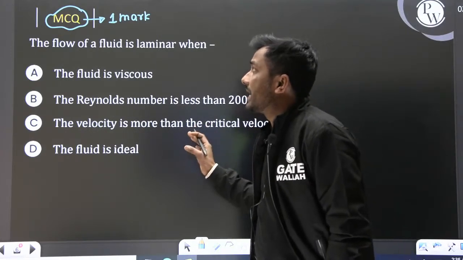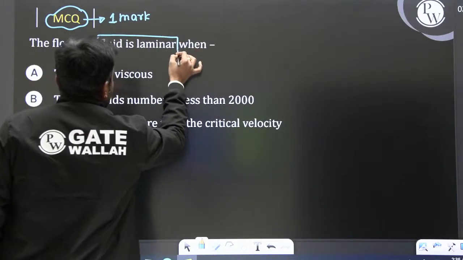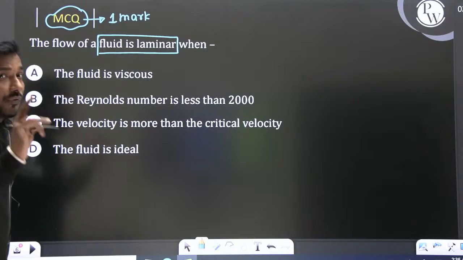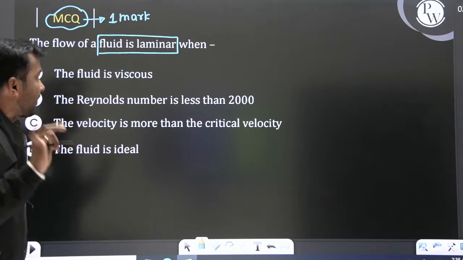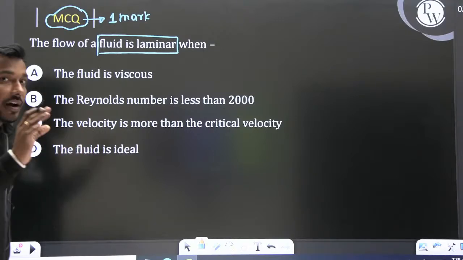The question says that the flow of a fluid is laminar in nature. Then which option is going to be correct for laminar flow?